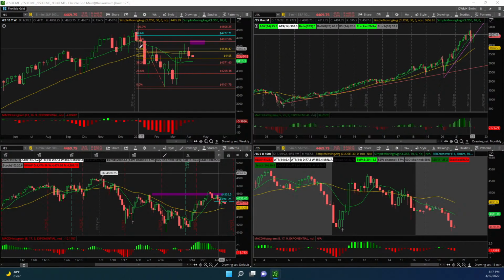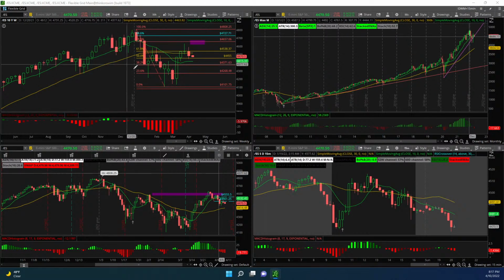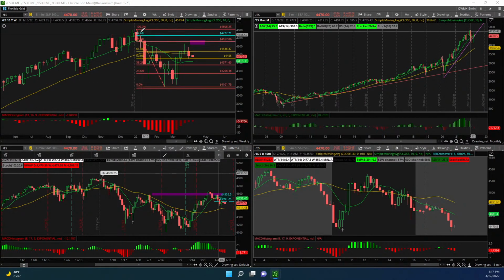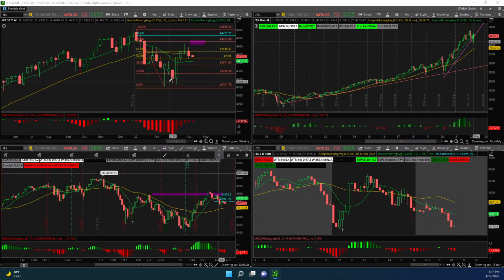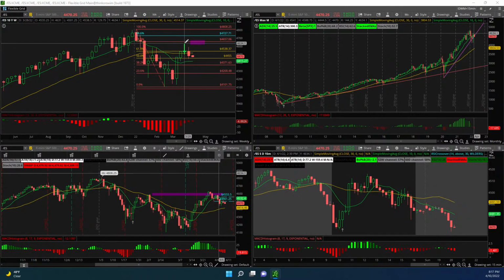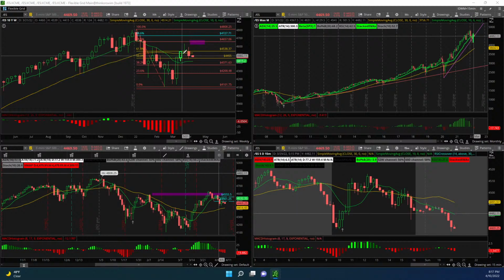The market made this high move all the way to 4100 and then moved up here to 4600, that area. My expectation now is that it's crossing below on the weekly, so my bias is down.